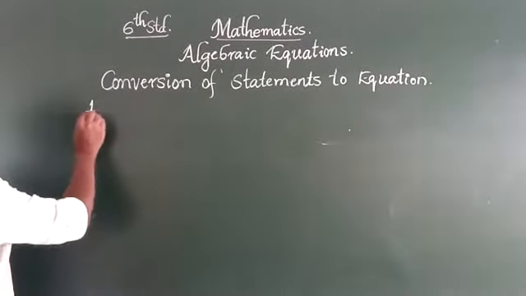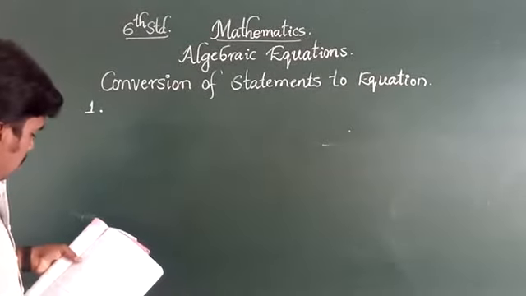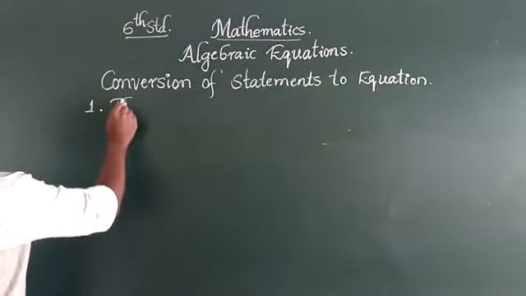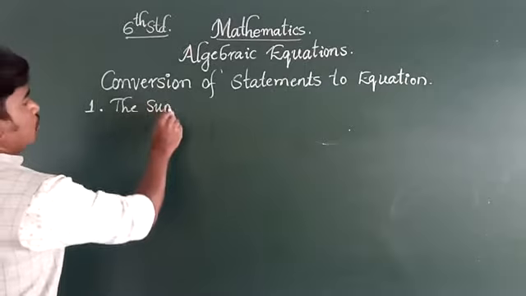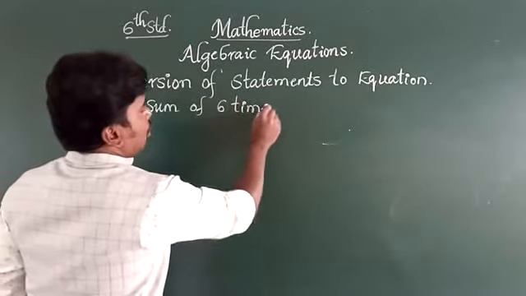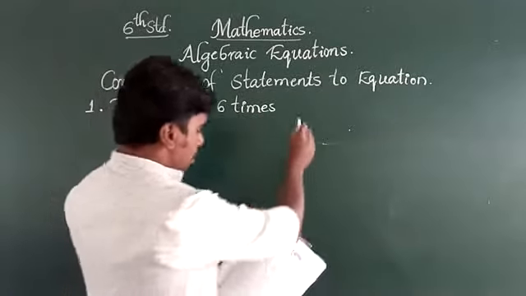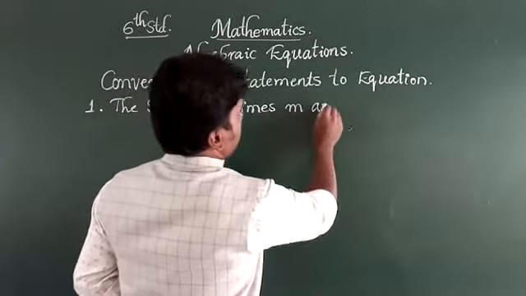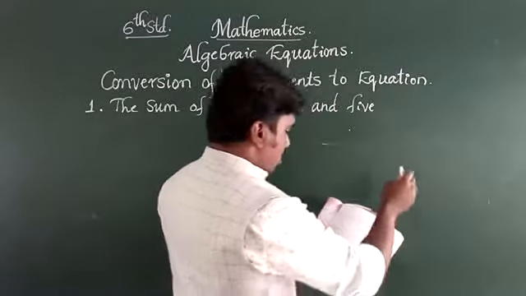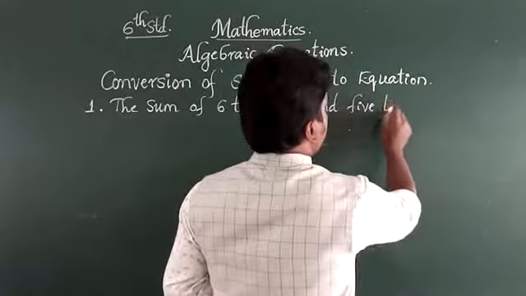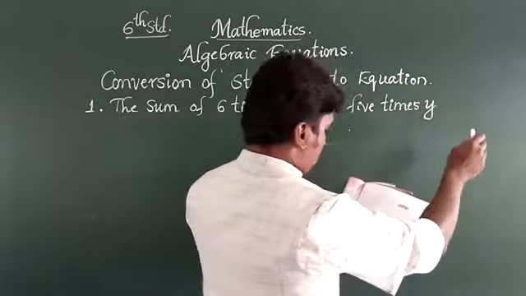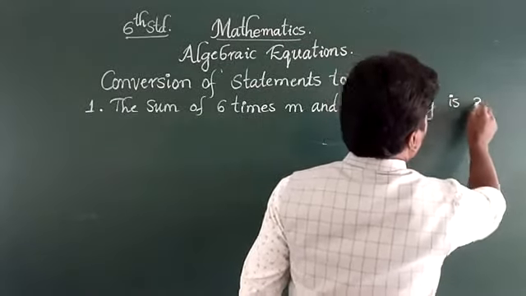First one: the sum of 6 times m and 5 times y is 25.